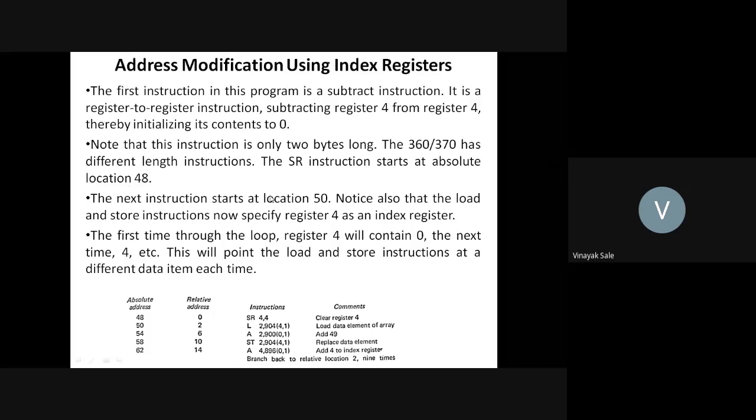The next instruction starts at location 50. In this instruction, the load and store instructions now specify 4 as the index or base register, that is 904. Here first 4 then 1. So 4 is the base register or index register. The first time through the loop, register 4 will contain 0.